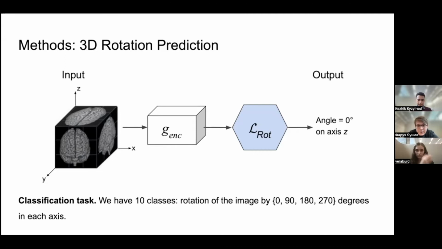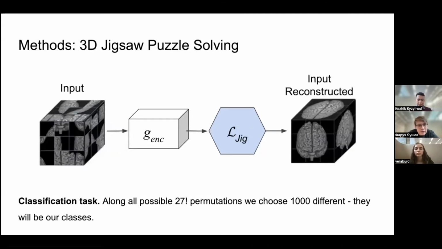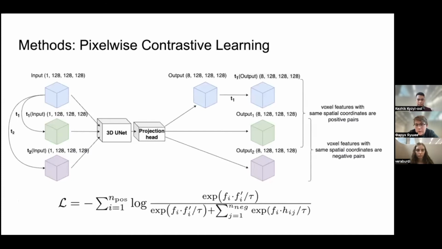The second method is jigsaw puzzle solving. In this method, we split the image into 27 patches and make a permutation of these patches. Among all possible permutations, we choose only 1,000 different ones, and then using the encoder part of the backbone, we try to predict the class that corresponds to the permutation. Cross entropy is used as the loss in both cases. Now Vera will tell us about a more interesting approach.